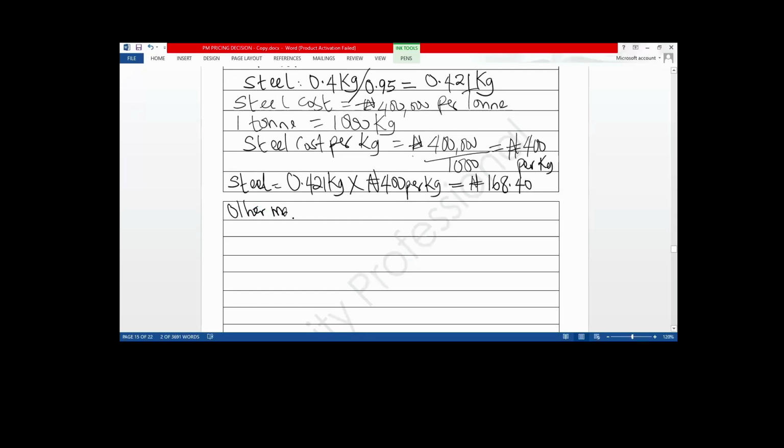Other material. We require 0.1 kg. The price per kg is 300 naira. But we are going to enjoy 10% discount.